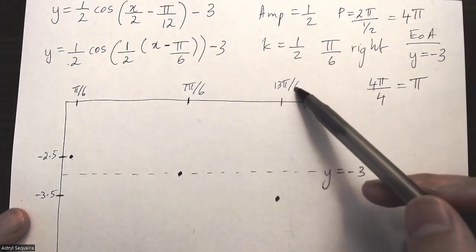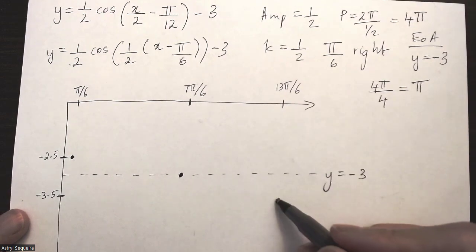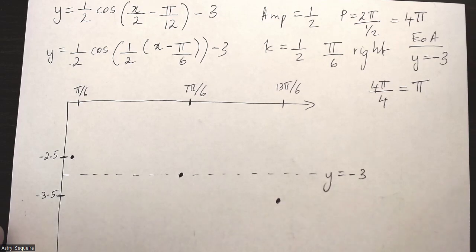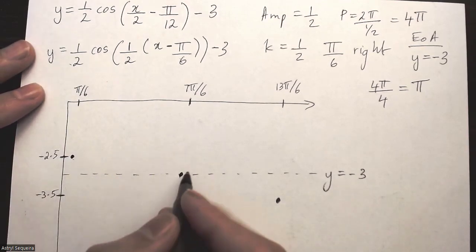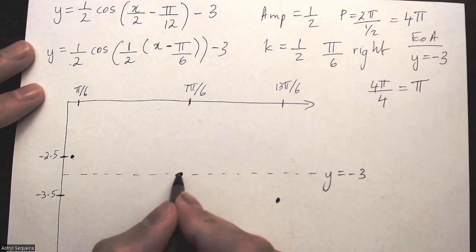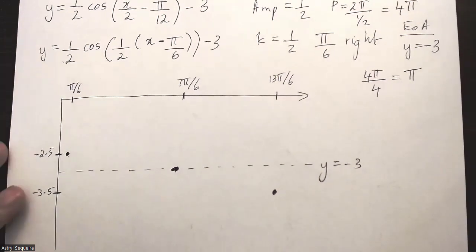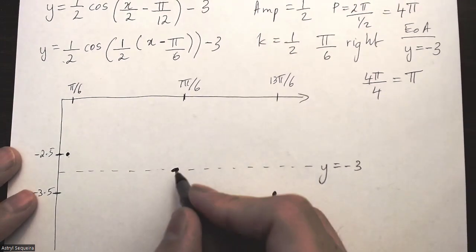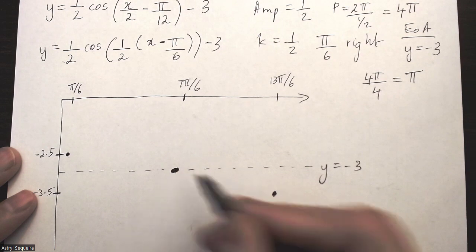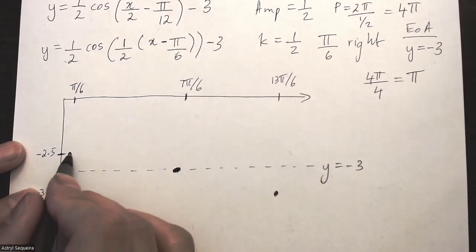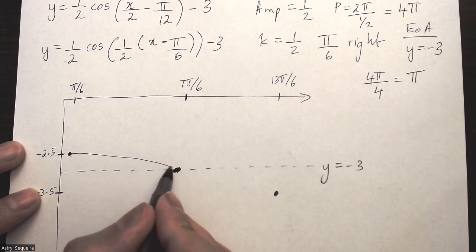Now again, 13 pi over 6 is slightly above 2 pi, so I'll come really close to this point, but I won't hit this point in this question either. I'll move that a bit towards this side so that it's a bit more even. Then I'll just draw it.